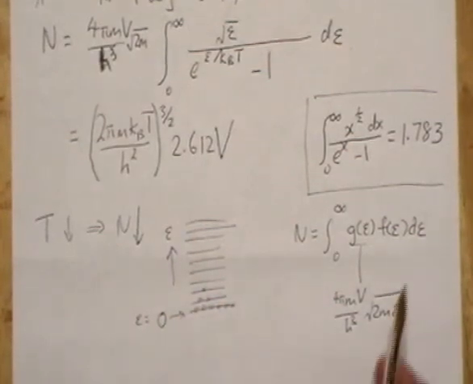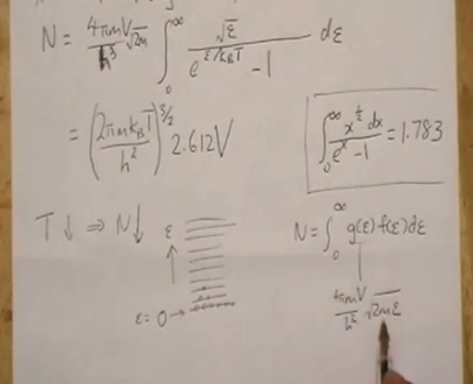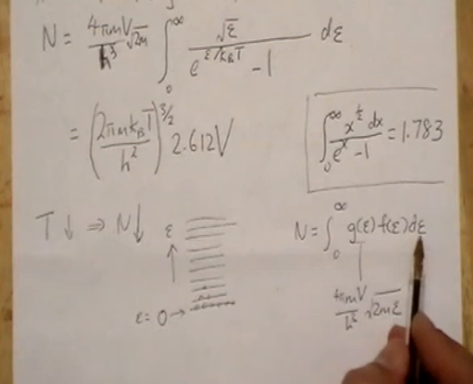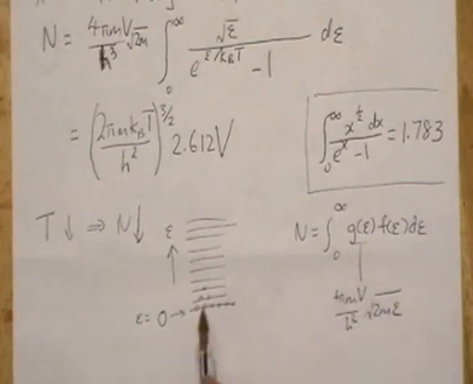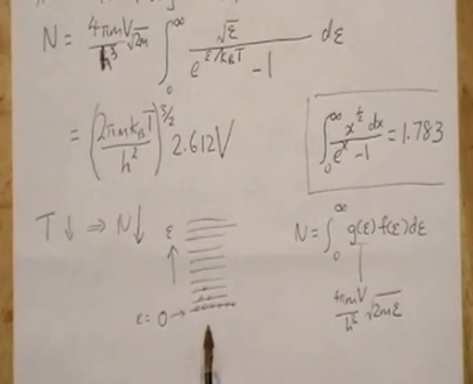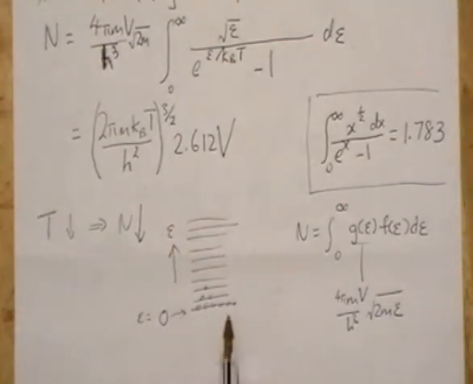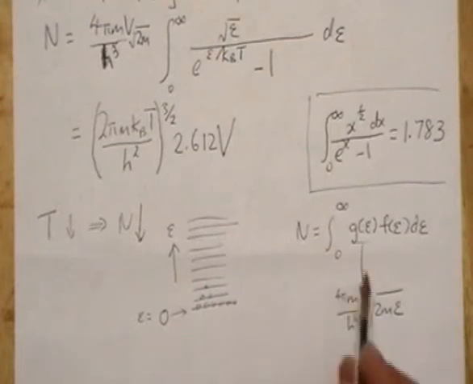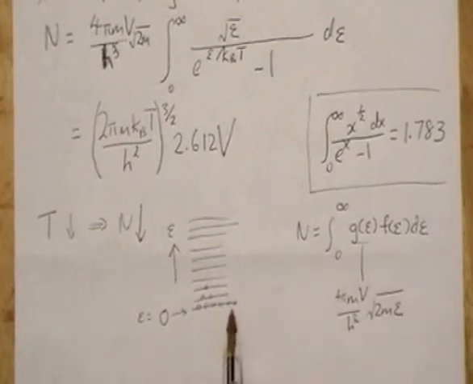And because of the density of states going to 0 there, this integral does not actually include the number of particles at the ground state. Normally that is okay because at higher temperature, most of the particles would be up there. There would hardly be any particles at the bottom. So it really doesn't matter if this integral ignores the particles at the ground state, normally.